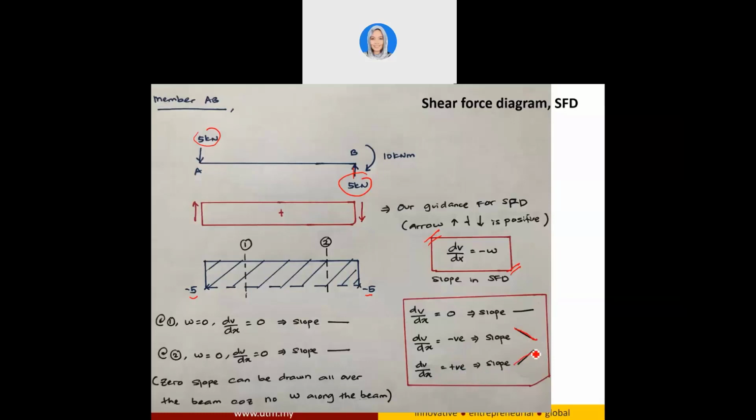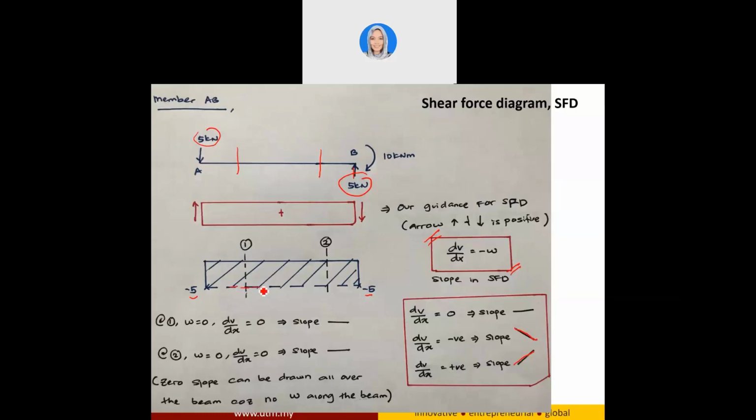So now look at the member AB this way. I look into 2 points over here. Basically this is point A, this is point 1 and this is point 2. If I cut my beam, at point 1 there is no W, there is no uniform distributed load. You don't have any load, so definitely your dV over dx equal to 0, so your slope for point 1 is a straight line.